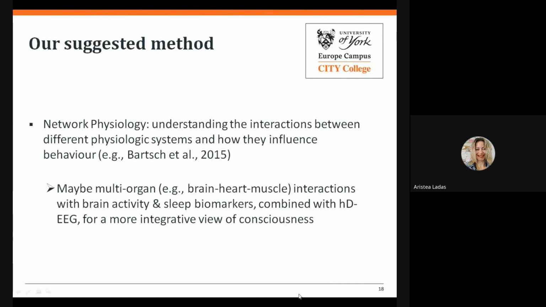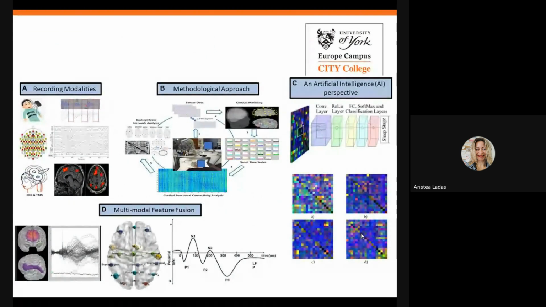The brain is an integral part of a body, and several other organs are involved and attached to it regarding their functionality. So maybe we should expand our investigations to other organ interactions as well. This is just a figure of the method that we are suggesting with multi-organ interaction, high-density EEG, staging of sleep, and integration of that information with machine learning techniques.